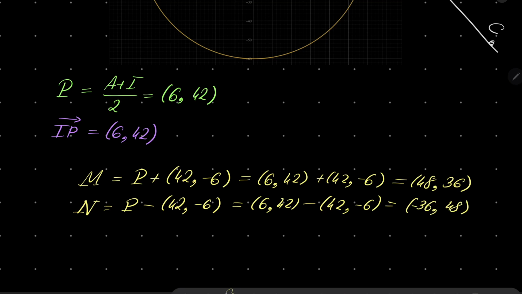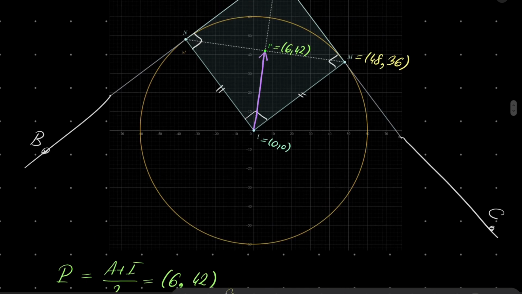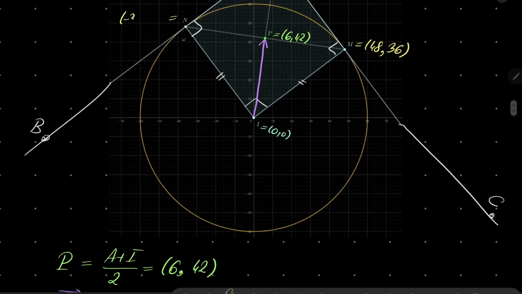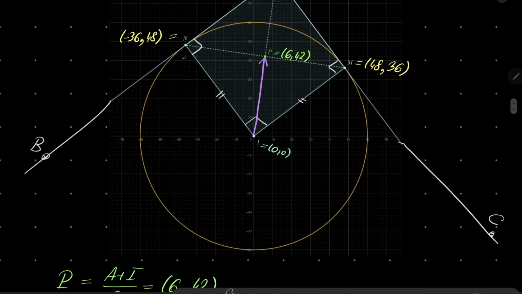Yes, (-36, 48). And our drawing seems to confirm it, because here we have somewhere (48, 36), probably right.